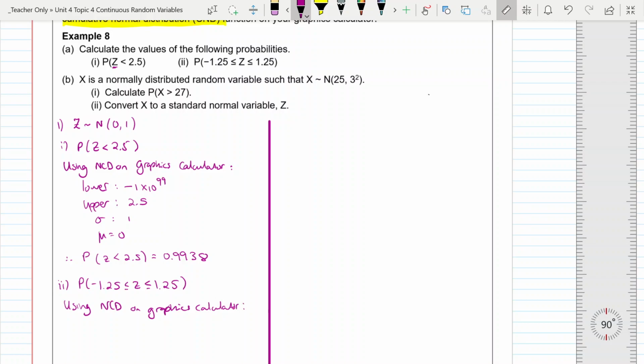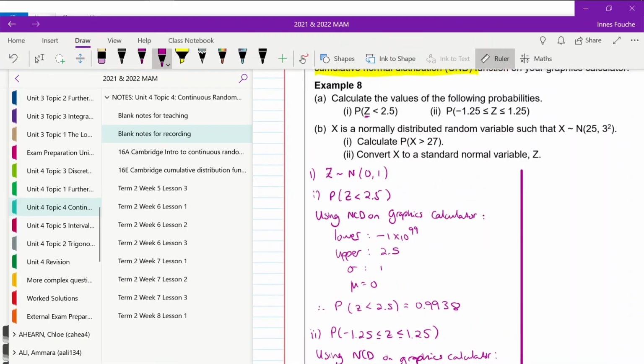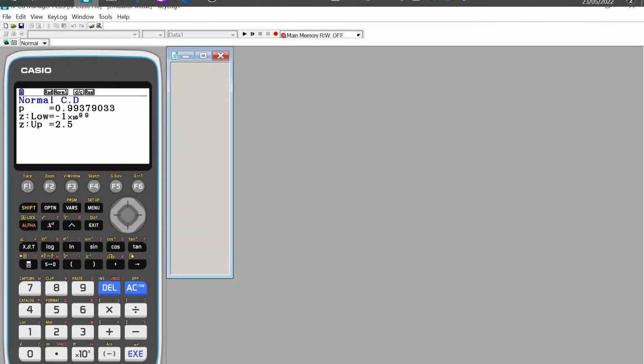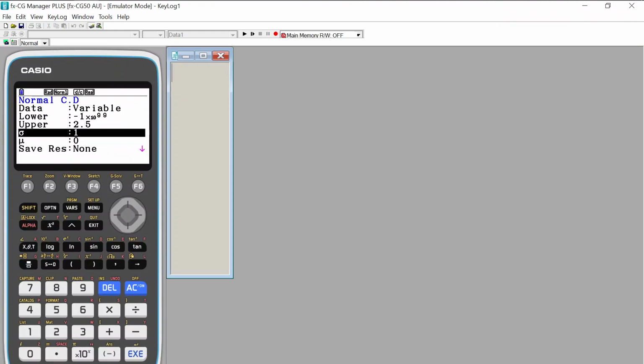and we'll put it in now, but we've got our lower value, it's going to be our negative 1.25. Our upper value will be 1.25. We're still sitting with standard normal distribution, which means we have a standard deviation of 1 and a mean of 0. And let's go back here.